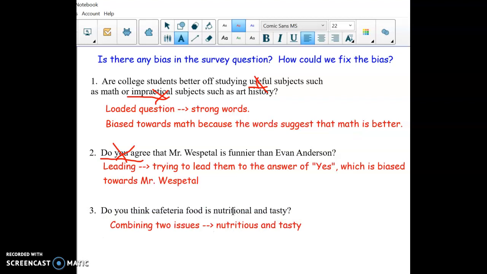Someone could think the food is nutritious but not tasty, or vice versa, right? So they're unable to answer this because you're combining the 2 issues. So you'd want to make it into 2 separate questions. Question 1, do you think the food is nutritious? Question 2, do you think it's tasty?